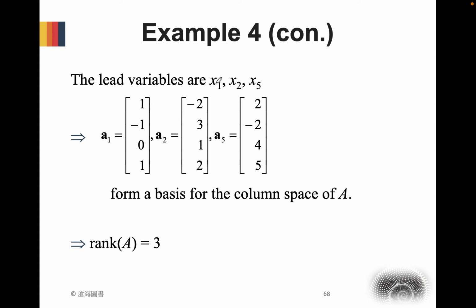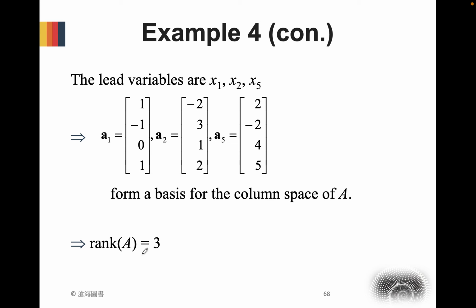The corresponding column vectors, the first, the second, and the fifth, form a basis for the column space of A. Therefore, the rank of A is equal to 3. The dimension of the column space is also equal to 3.